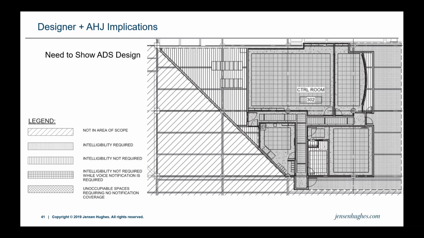So the hatching used for the reflected ceiling can get confused with the hatching used for the ADSs. So you really kind of struggled to figure out what are they providing here. So be careful in how you choose to represent the information on the drawing. But at least this designer took some responsibility and tried to define the acoustically distinguishable spaces. So at least they made a good faith effort.